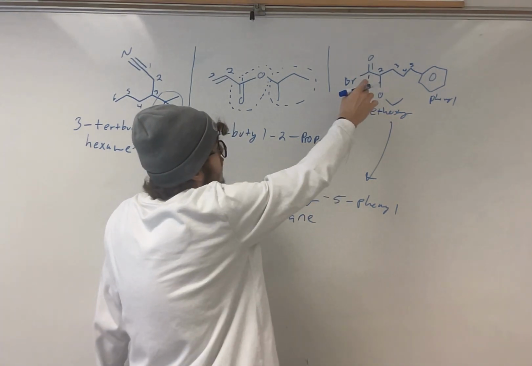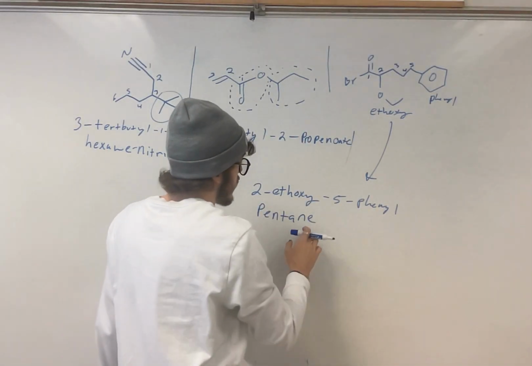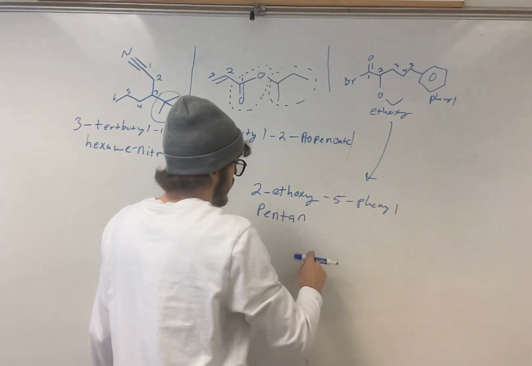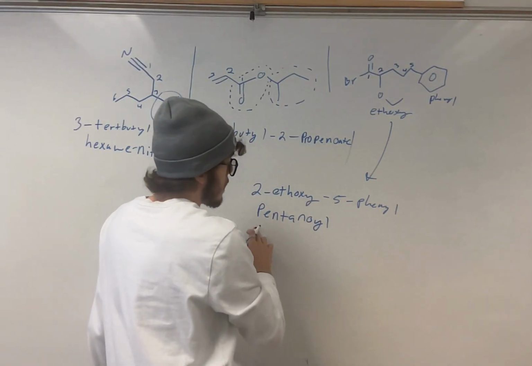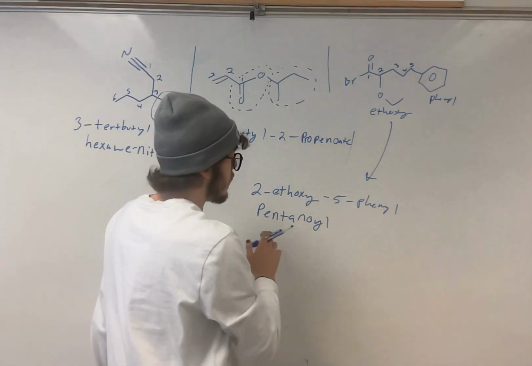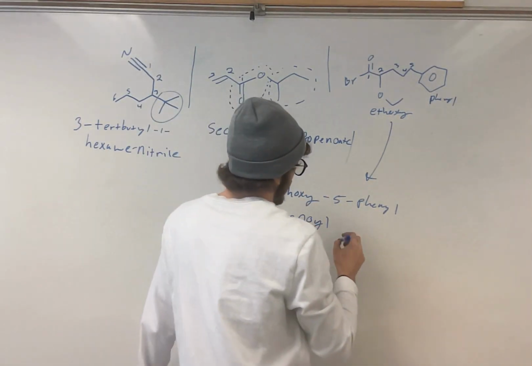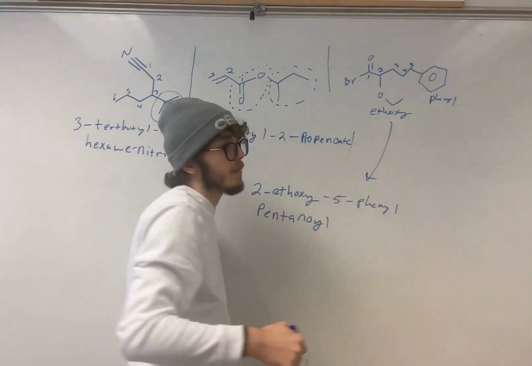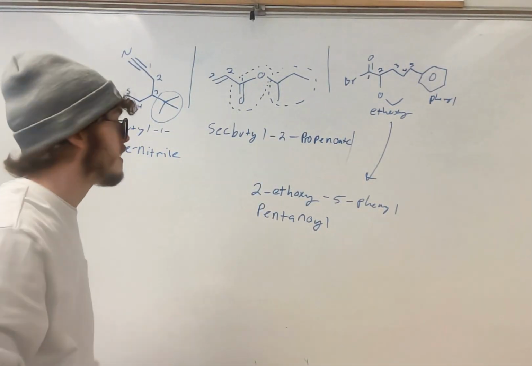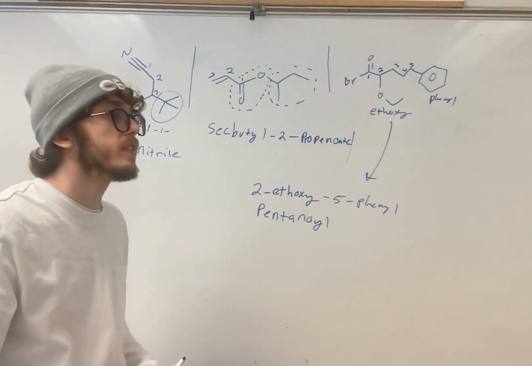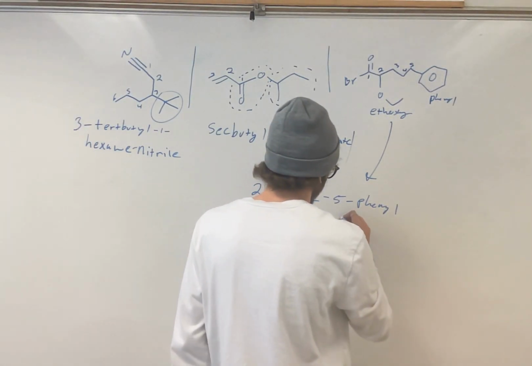But given that it's an acid halide, we're going to drop the ane, pentanoyl, and then we're going to add which halogen we have. So it could be pentanoyl iodide, or pentanoyl fluoride, or pentanoyl chloride, but in this case we have bromine, so it's bromide, pentanoyl bromide.